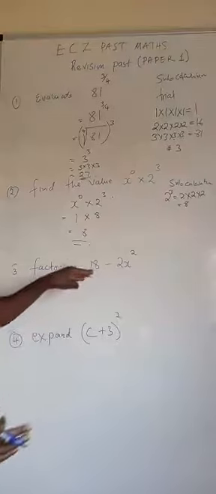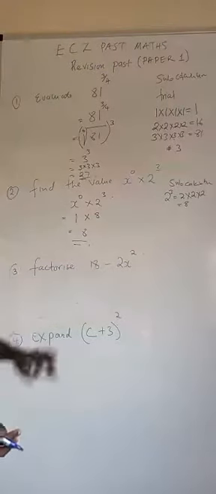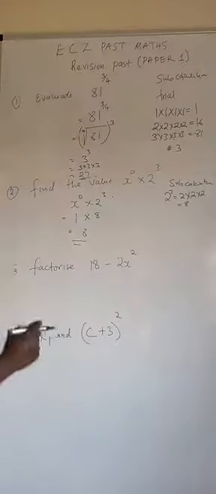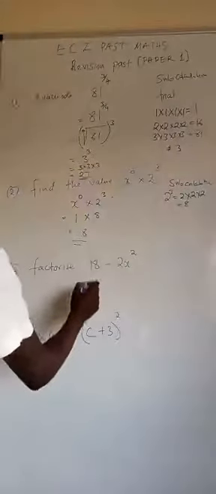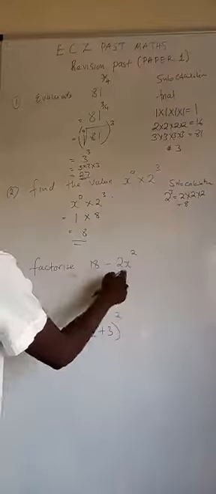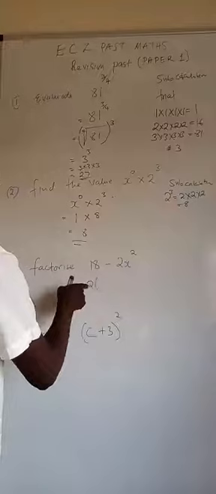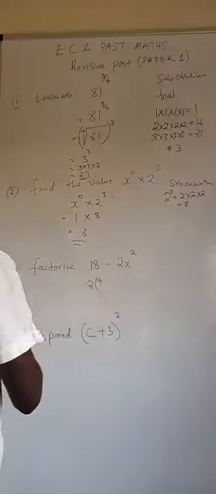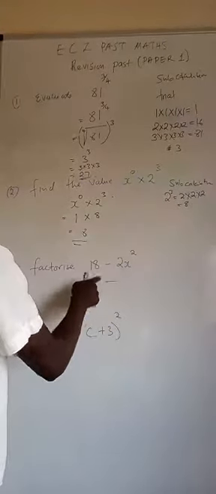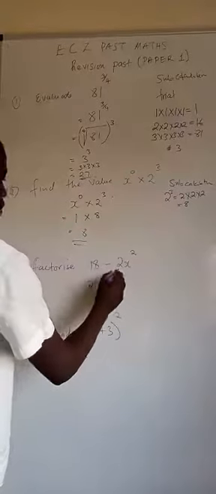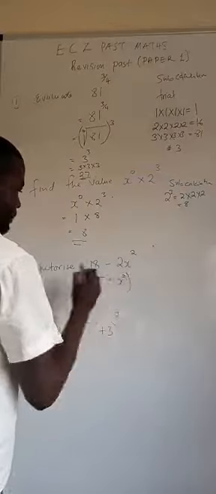The number that can go into 18 and 2 is actually 2 itself. So I'll factorize what is common here and here, 2. 2 into 18 is 9, guys. Minus, these 2 cancel with these 2. What will remain is only x squared.